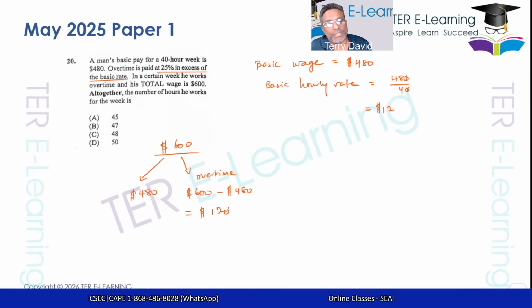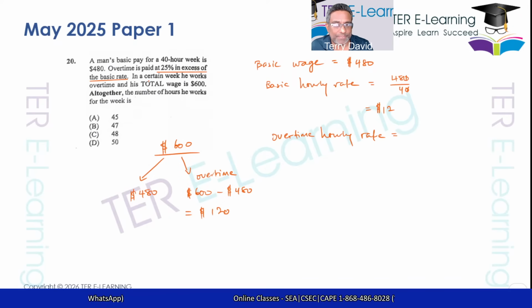So we have to use this $120, but we need to work out the overtime hourly rate, right? Now this is the part that could be a little confusing here. So overtime is paid at 25% in excess, right? 25% in excess of basic wage.